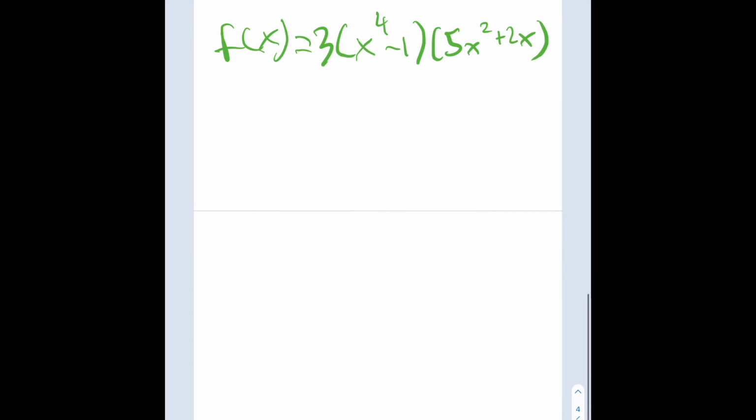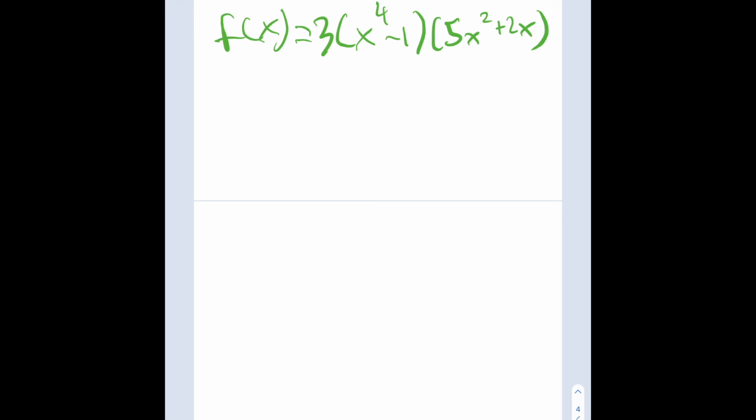Well, here, find the derivative of the function 3x to the fourth minus 1, 5x squared plus 2x. I'm going to keep this constant out, so I'm going to keep this 3 on the outside. It's just a constant. There's no variable with it.